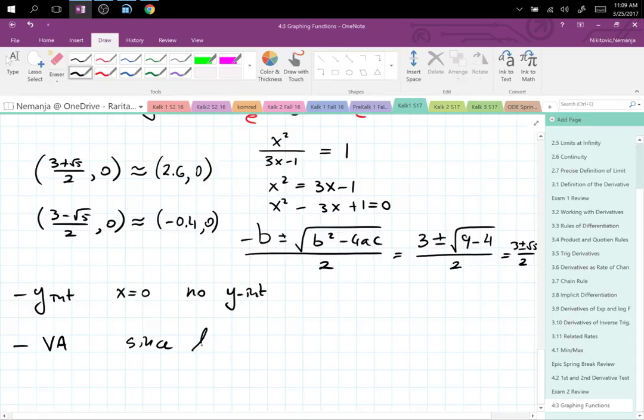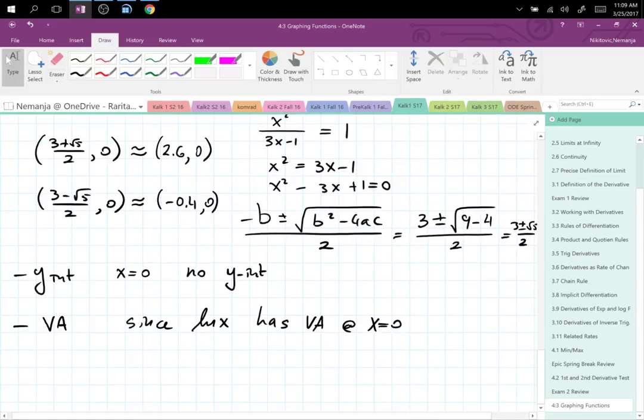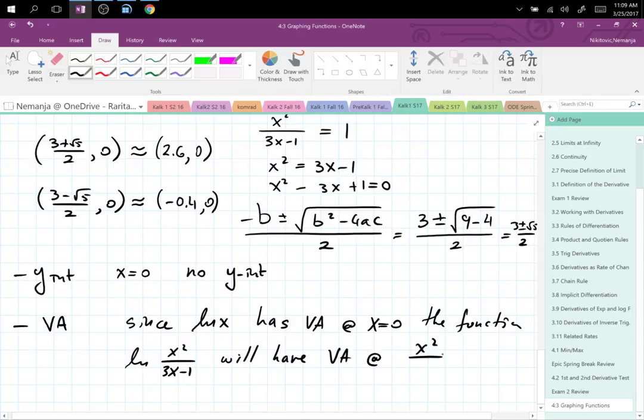Since ln x has a vertical asymptote at x equals 0, the function ln of x squared over 3x minus 1 will have a vertical asymptote where x squared over 3x minus 1 equals 0, because that's the argument, right?